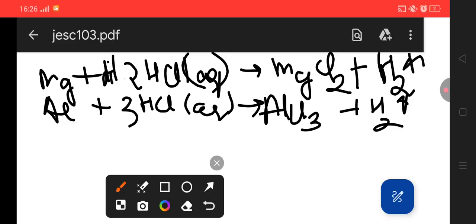Here 3 is there, so here also we'll write 3, but you will see that it will become 6. So we'll basically balance this equation. We'll put here also 2.